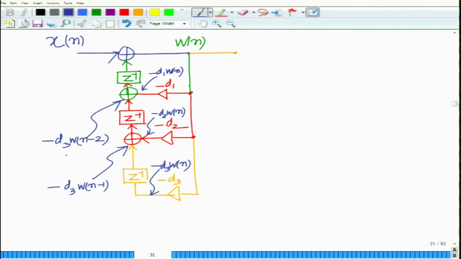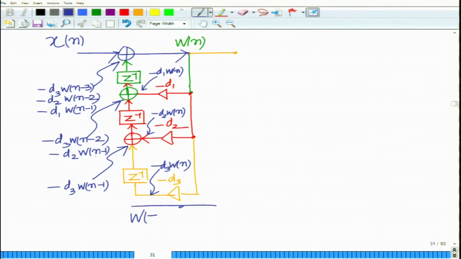So, that will be minus d3 w(n-2) minus d2 w(n-1), and at this point finally I will have minus d3 w(n-3) minus d2 w(n-2) minus d1 w(n-1) added to x(n), that produces your w(n). So, that is basically the first part, which implements W(z) equals X(z) over D(z).